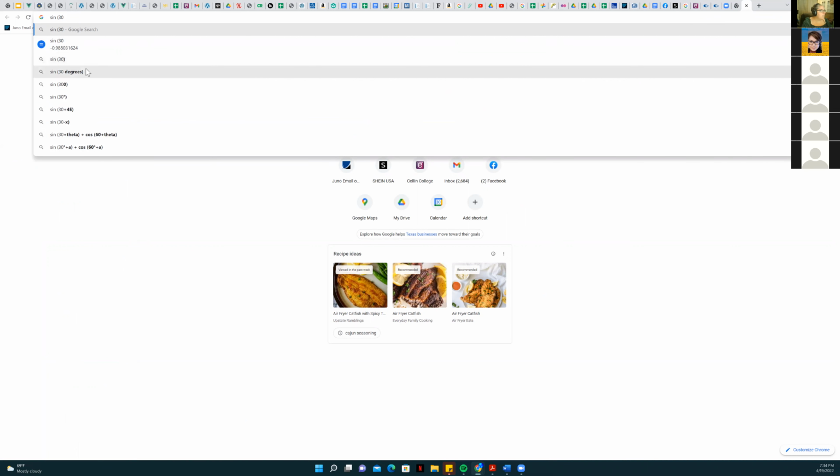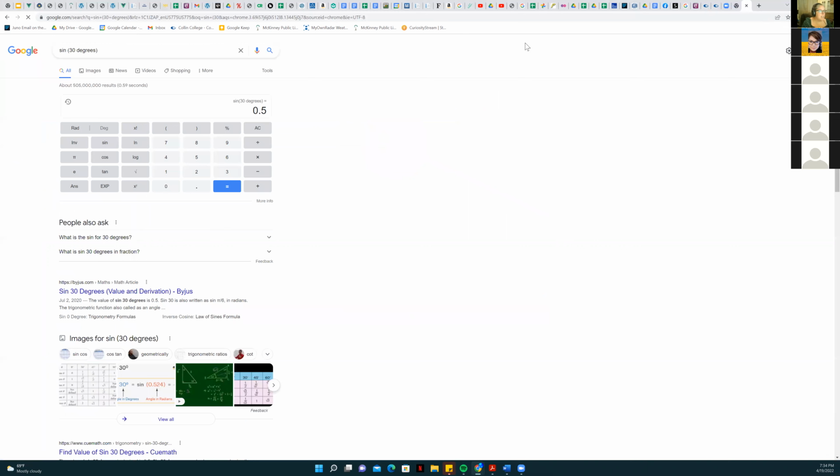Okay, so if you get sine of 30 is minus 0.988, that means you're in radian mode and you need to change to degree mode. If you get sine of 30 equals 0.5 exactly, that means you're in degrees and everything is good. If you're a little worried about your particular calculator, whether it's in radians or degrees, you can still see my screen, right? On the Google calculator, you see how this box over here, you can switch it back and forth.